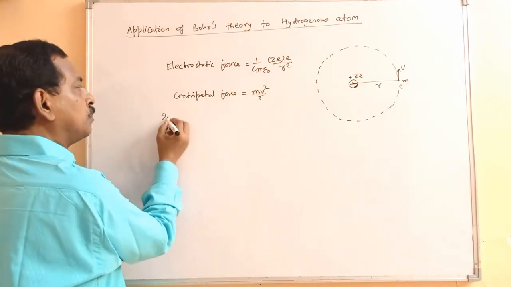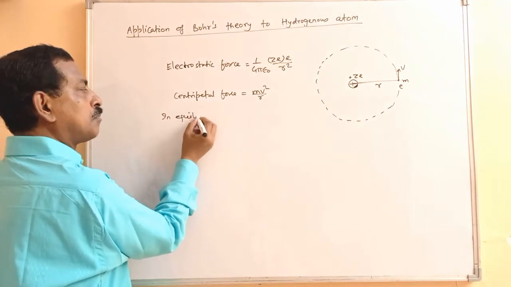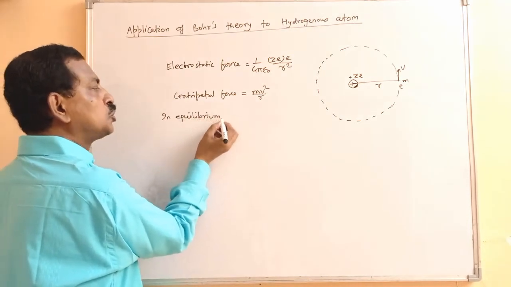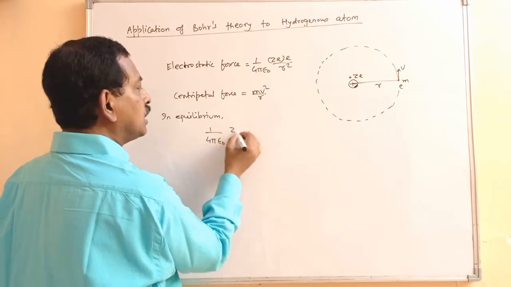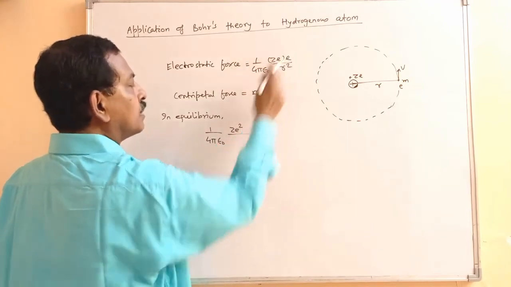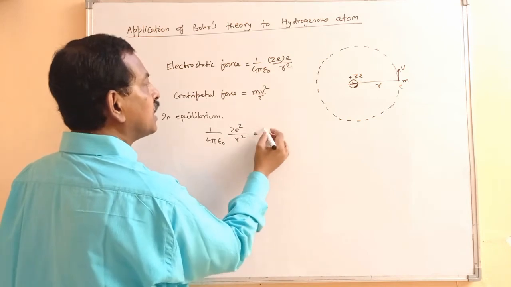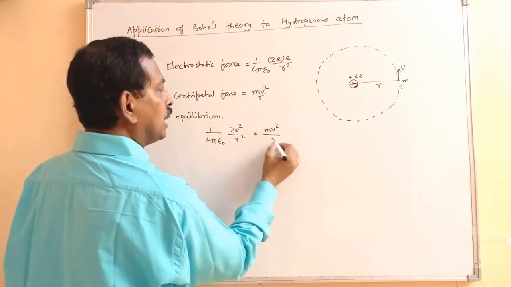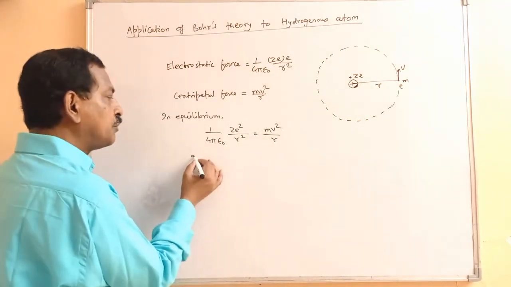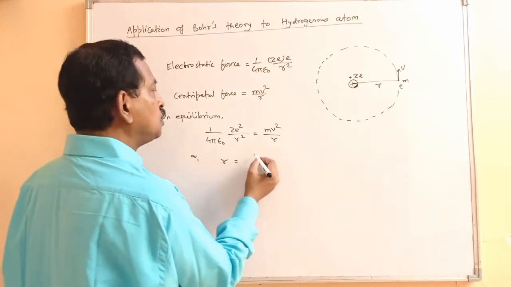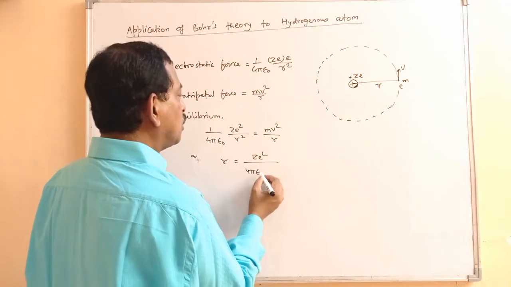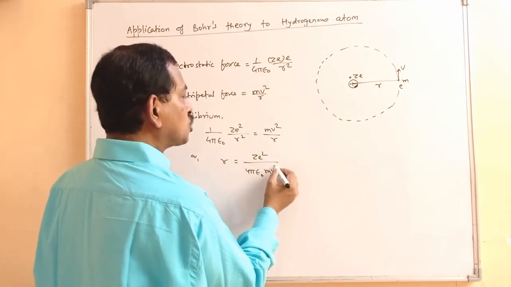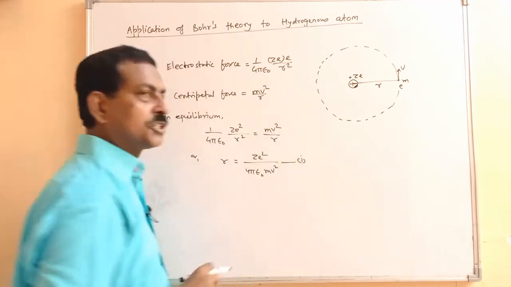So in equilibrium, this is equal to 1 by 4 pi epsilon naught Ze square divided by r square. This is your mv square by r. Or we can get r equals Ze square by 4 pi epsilon naught mv square. This is suppose our first equation.